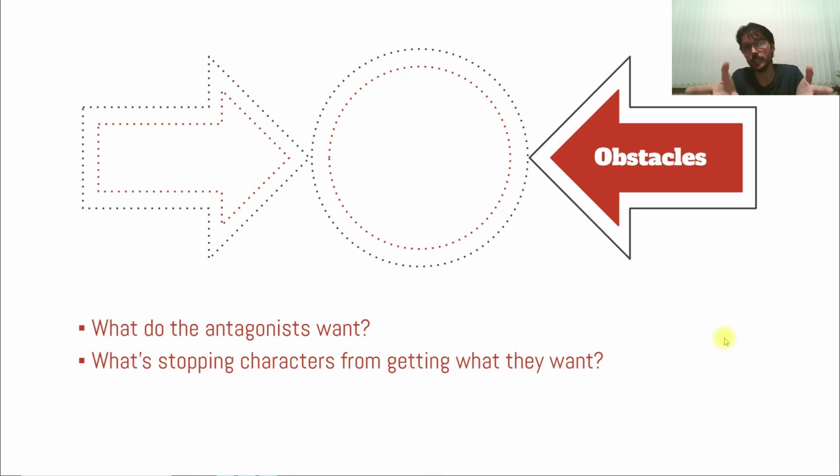That meaning enemies, villains, monsters, the environment, or other forces that stop characters from getting what they want. In this moment, you have to think, what do the antagonists want in your game? They don't need to be people or monsters. It's just the driving force that is opposite to the motivation of the characters.